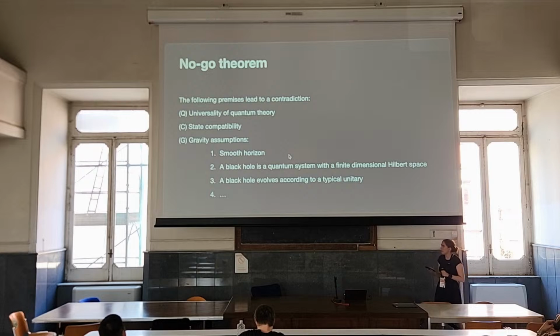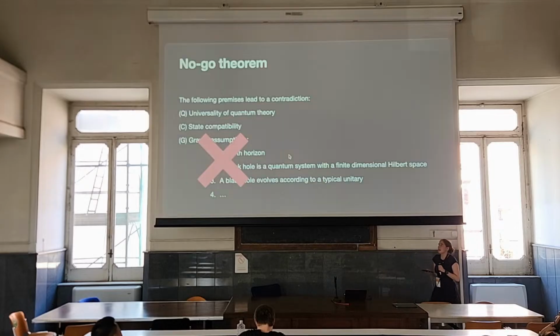We didn't need to use any of these gravity assumptions. We actually only needed to use the first two. We needed that quantum theory is universal, and that two observers, no matter if they're in weird situations, like in isolated laboratories of their colleagues, can still apply quantum theory, and they should still have compatible states.